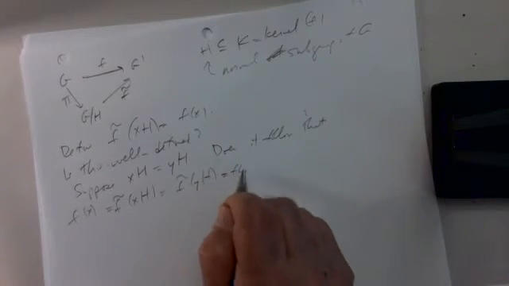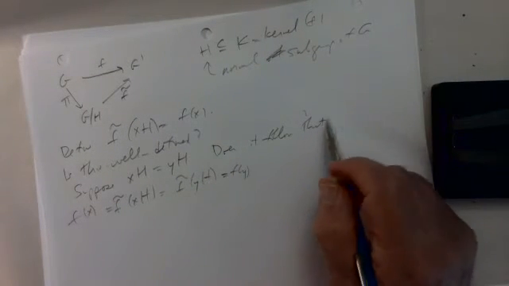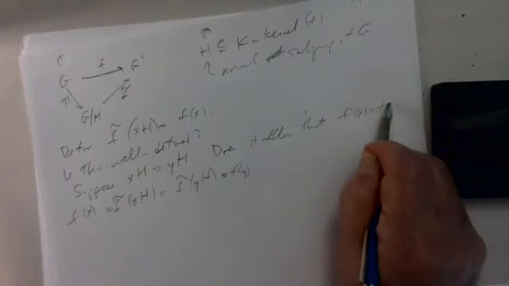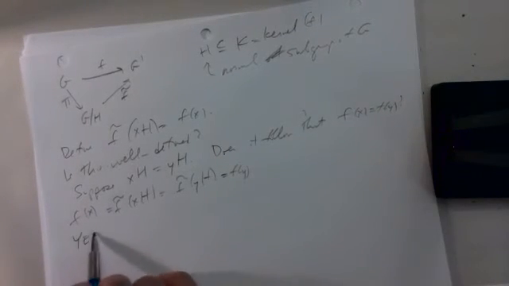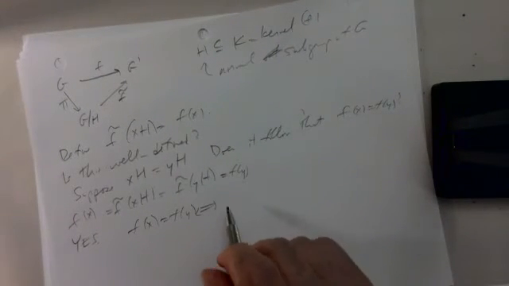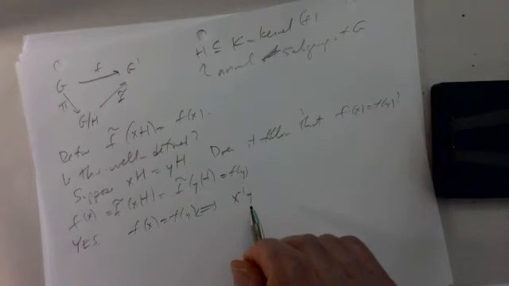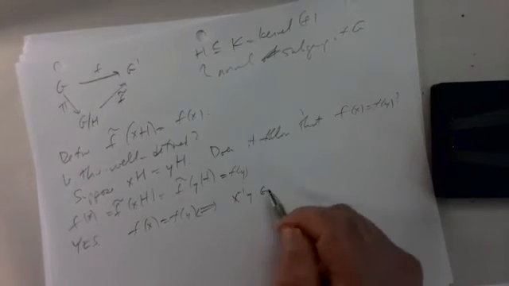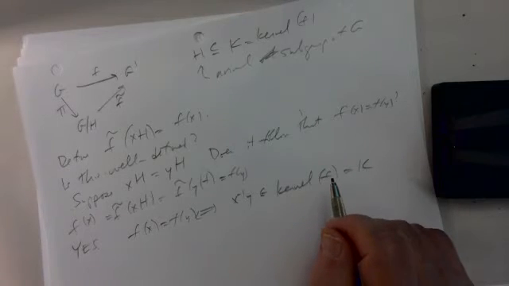So this has to be equal to F of Y. So does it follow that F of X equals F of Y? And the answer is yes. Why is that true? Because F of X equals F of Y if and only if X inverse Y is in the kernel of F, which is equal to K.